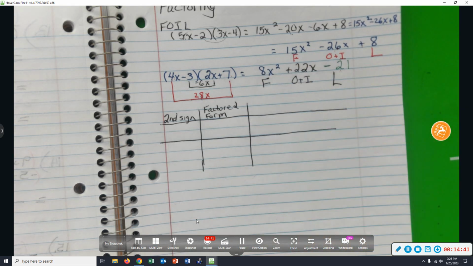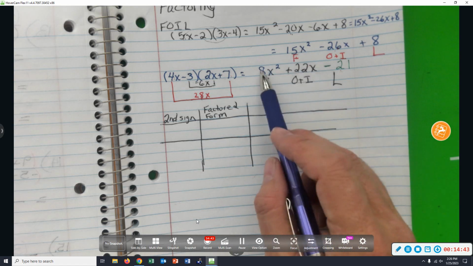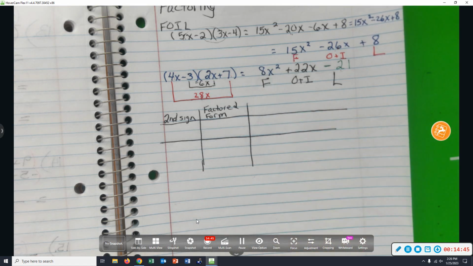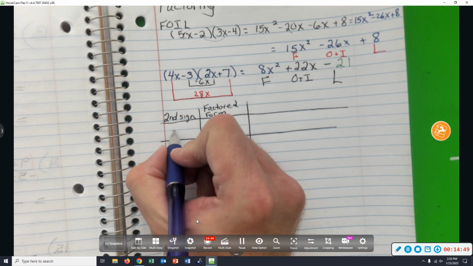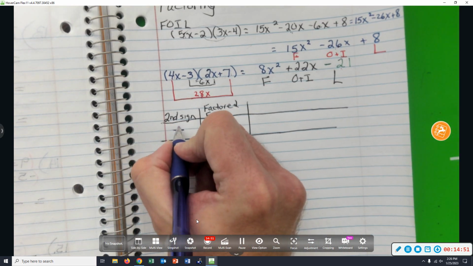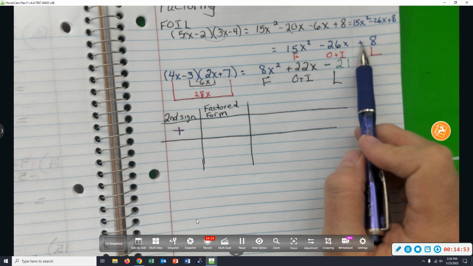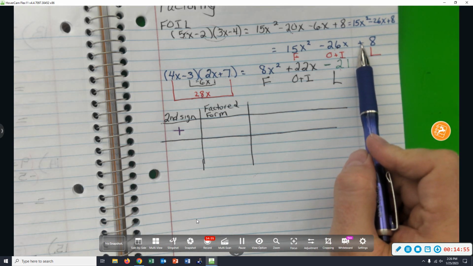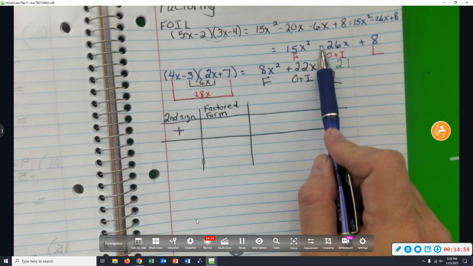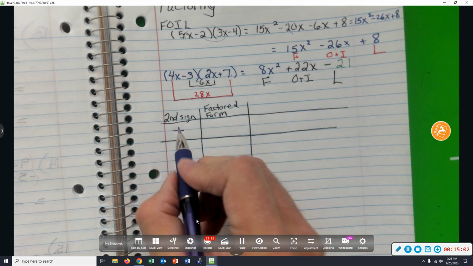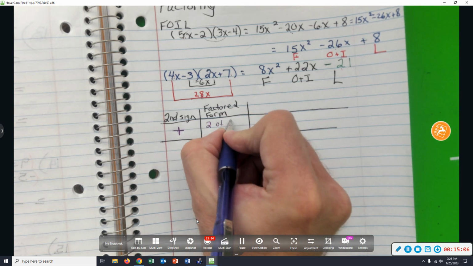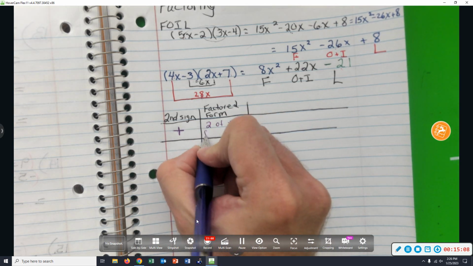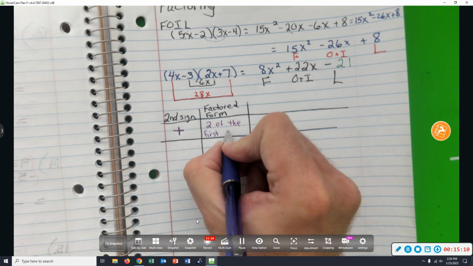Then this would be the third sign. Assume the first number is positive. That's an appropriate assumption. If the second sign is plus, the factored form has 2 of the first sign.